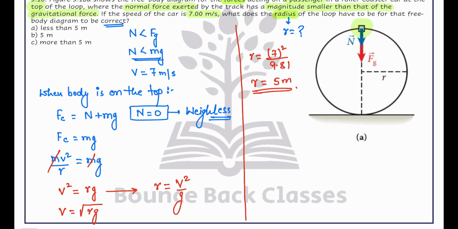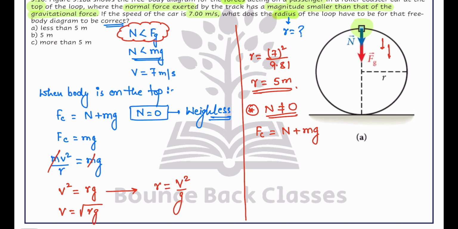Clear, guys? But what he said in this case, as per this question, is that N is less than Fg, and N is not equal to 0. So just try to understand. We have Fc equals N plus mg, both in the same direction, yes or no?